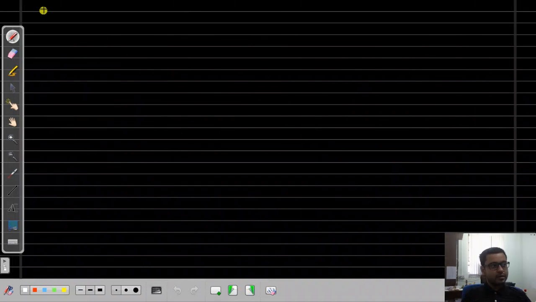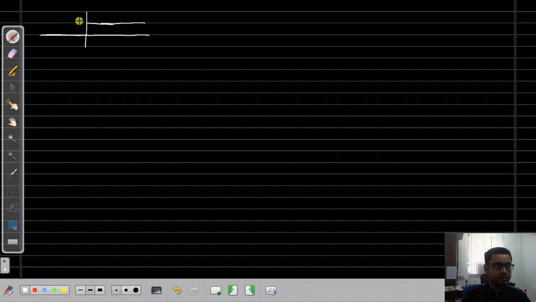Now we have defined the unit step function, which looks like this: 0 here and then 1 here. This is u(t). Now I can ask, how will the signal u(-t) look like?